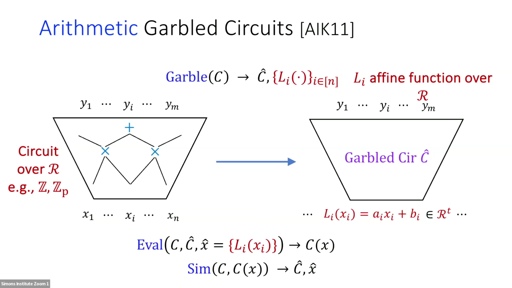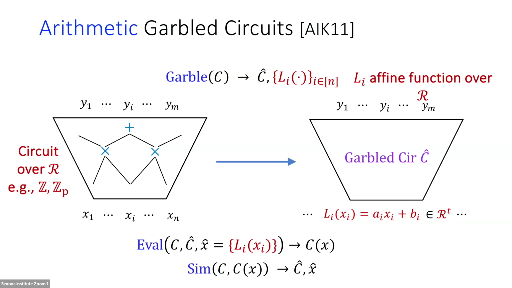However, one particularly useful mental model is to move away from thinking that each input wire has two labels. Instead, think about the encoding of the wire value as being the output of an affine function. The garbler outputs these affine functions for encoding the input.